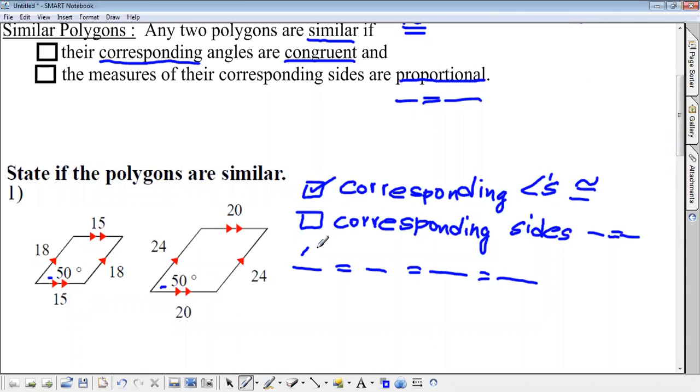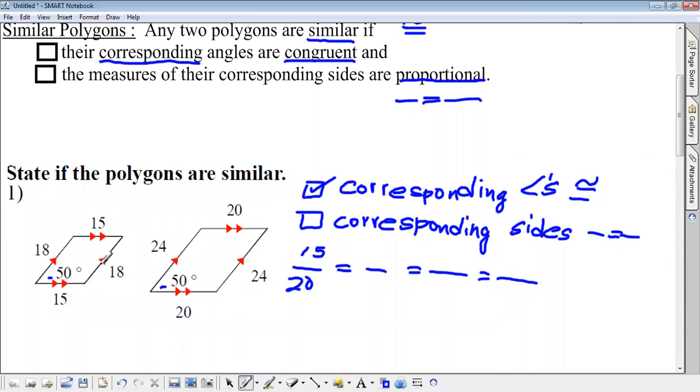So what I'm gonna have in the numerator is the first polygon, and the second polygon will be in the denominator. So the way you do it is this side corresponds to which of these sides, okay? Just say the answer out loud or text the answer. 20. So the top corresponds to 20, okay?